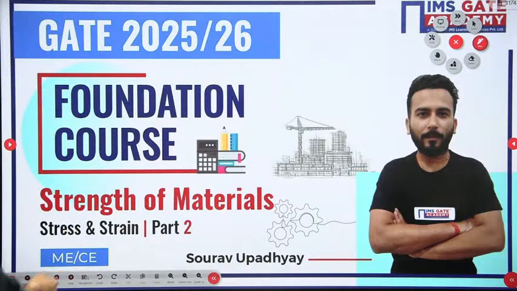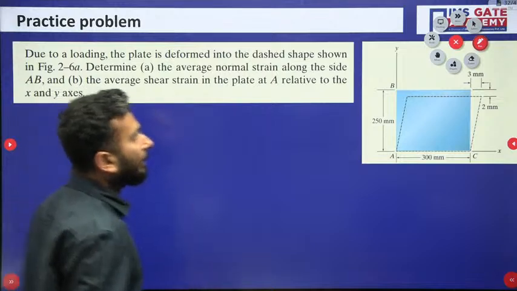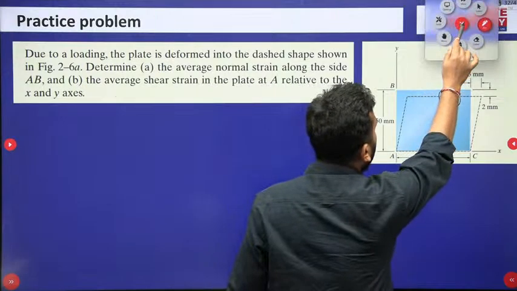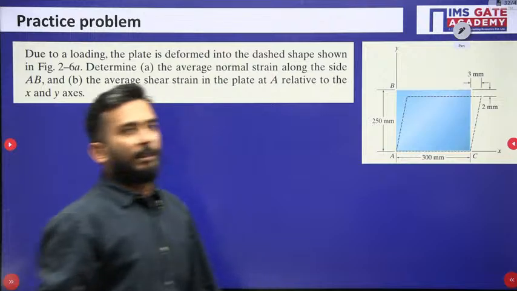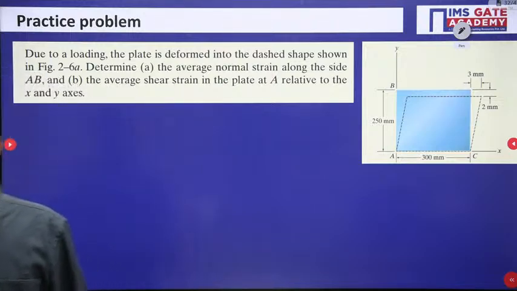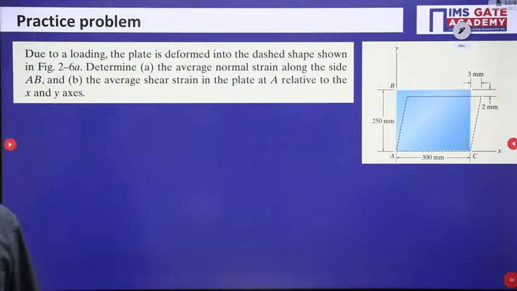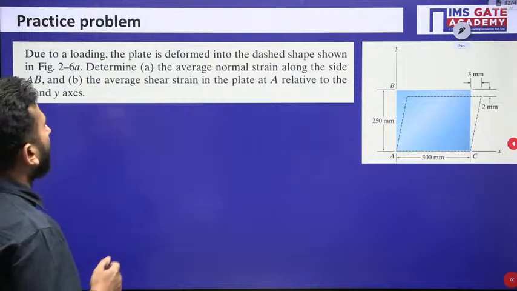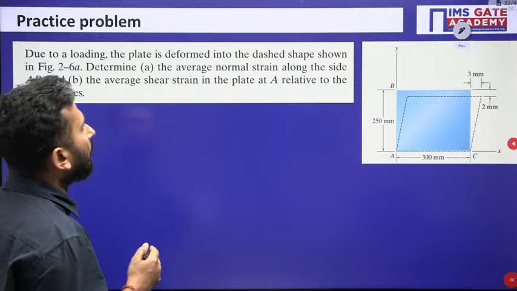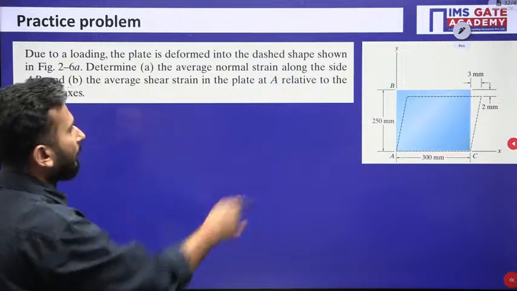So without wasting any time, let us quickly get underway with this question. Please read the question and then we will discuss. What does the question say? Due to a loading, the plate is deformed into the dashed shape as shown in this figure.